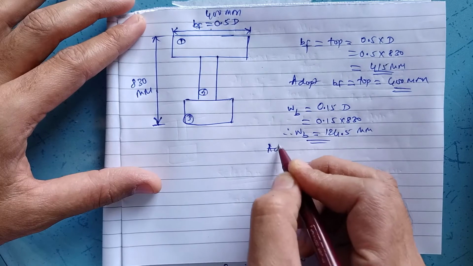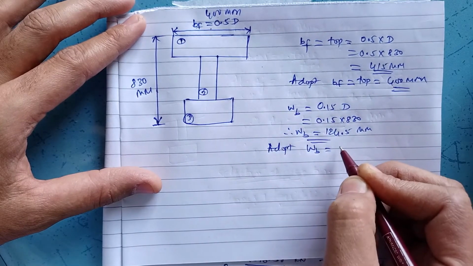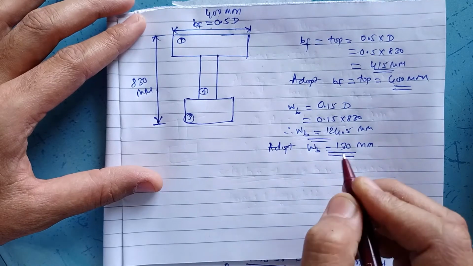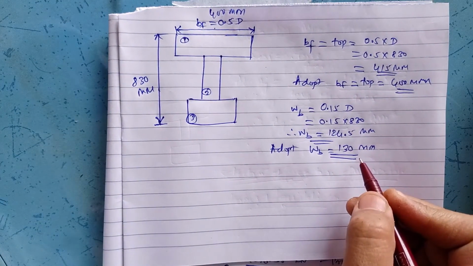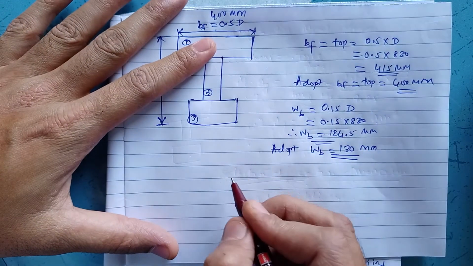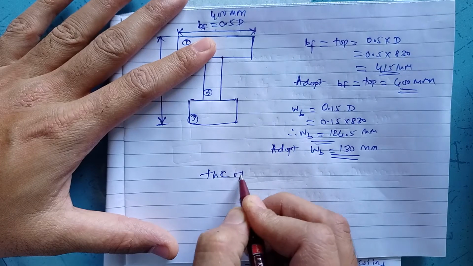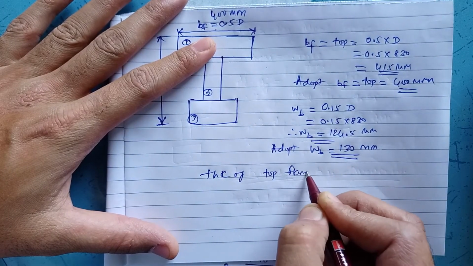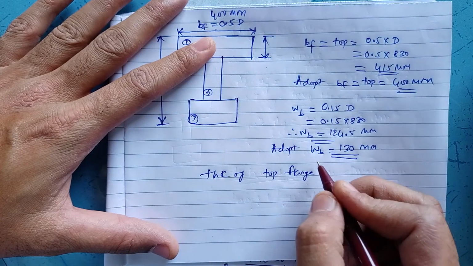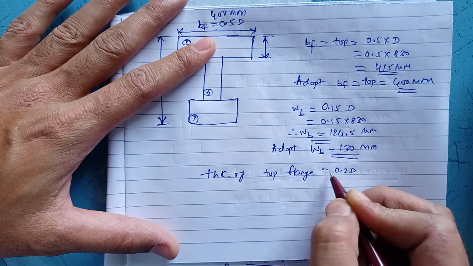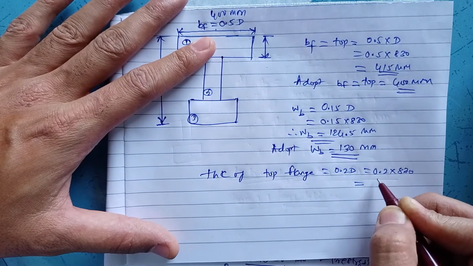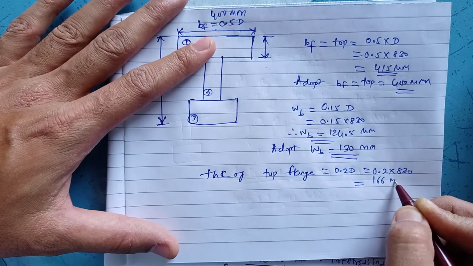Hence, adopt thickness of the web as 130 mm. And thickness of the top flange will be 0.2 D. 0.2 into 830 is equal to 166 mm.